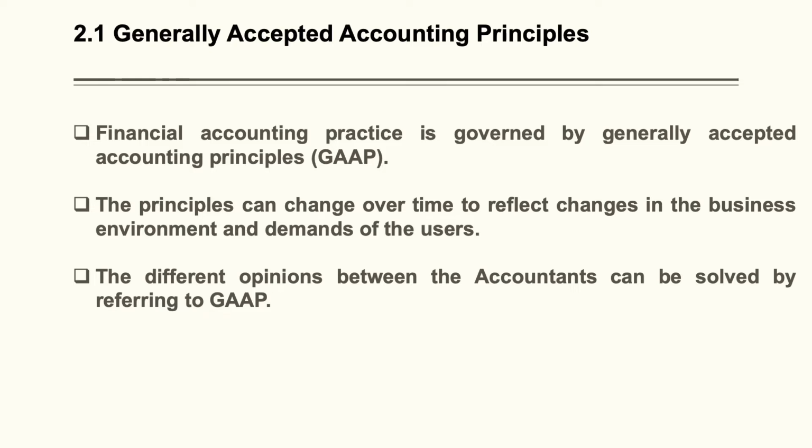And this principle can change over time to reflect changes in the business environment and demand of the user. Here again, let me tell you, if we have any different opinion between the accountants, we can solve it by referring to GAAP, Generally Accepted Accounting Principle.